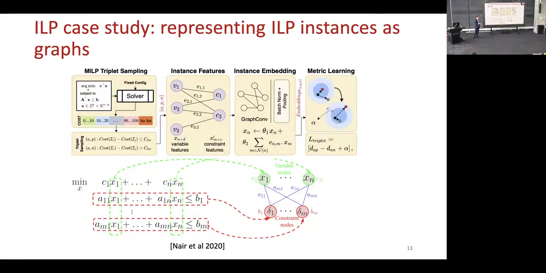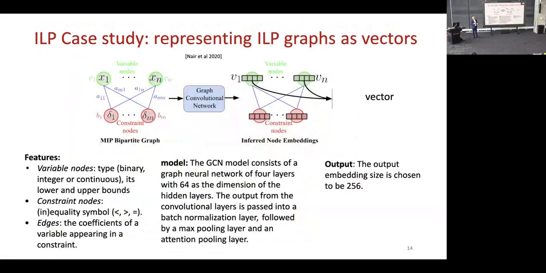And then once I have this graph, I need to create an embedding for it. I need to essentially summarize it by a vector that I will then use in my machine learning pipeline. In that case, we use graph convolution networks. There are certain features, of course, you can extract for the nodes in here, like binary, continuous, integer, the lower and upper bounds, the constraint type. These all become part of your initial features for each node in your bipartite graph.